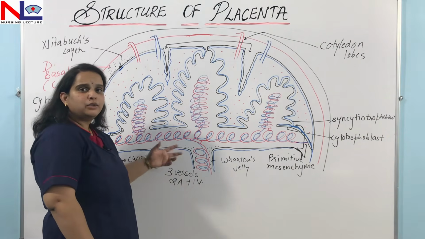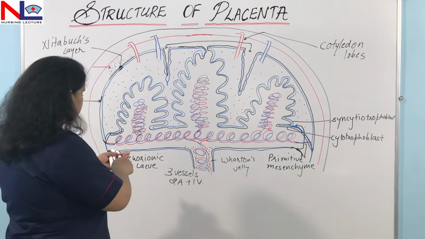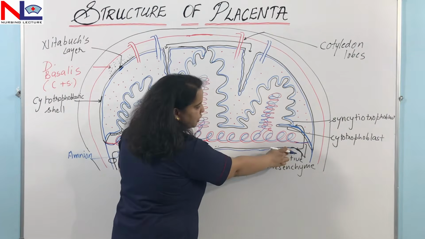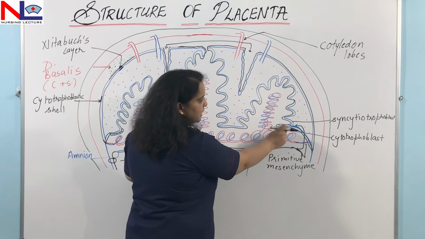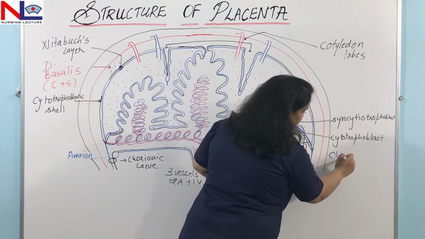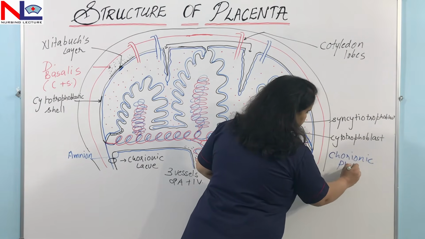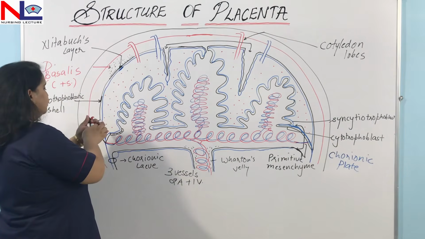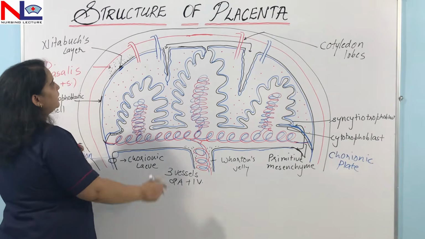So we have seen the 2 plates. One is the chorionic plate, here it is, I'll just mention here. This plate is formed from the primitive mesenchyme, then the cytotrophoblast and the syncytiotrophoblast form the chorionic plate, and the other plate toward the mother's uterine wall is the basal plate. What is the basal plate?